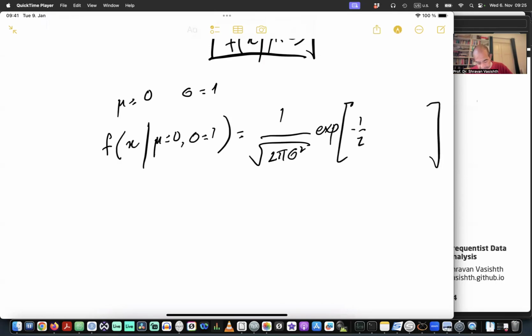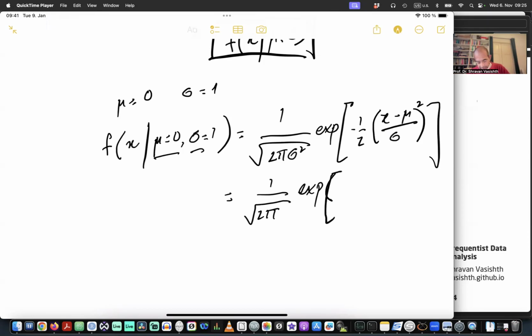Minus half times x minus mu over sigma, squared. That's the equation, okay? So mu is equal to 0, sigma is equal to 1. Sorry, this is sigma, right? So I'm going to rewrite this as 1 over square root of 2 pi. Sigma squared is 1, right? So I'm going to remove that. It's not there anymore. And so here I've got, let's do this with square brackets, okay? So minus half, and then x will be whatever the support of x is.